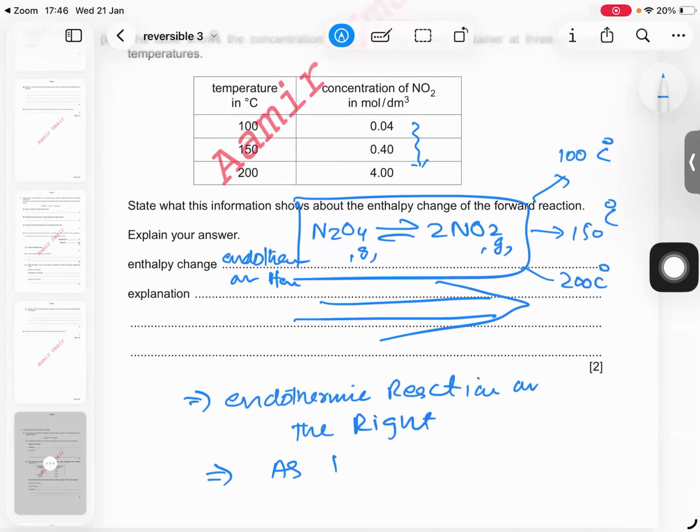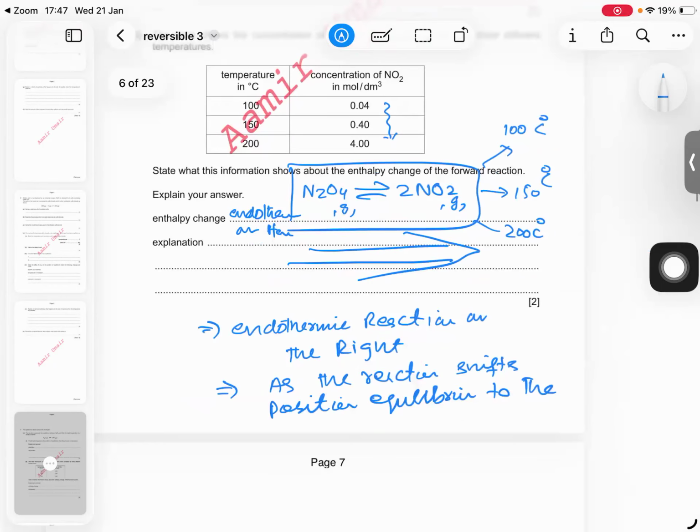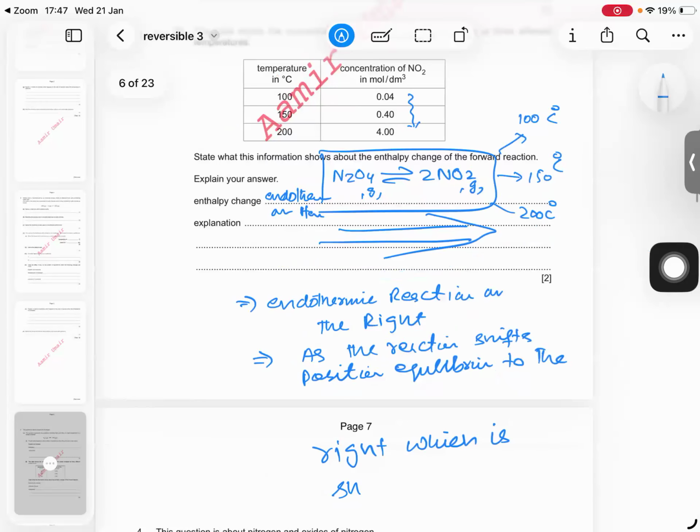As the reaction shifts position of equilibrium to the right, which is shown by increase in concentration.